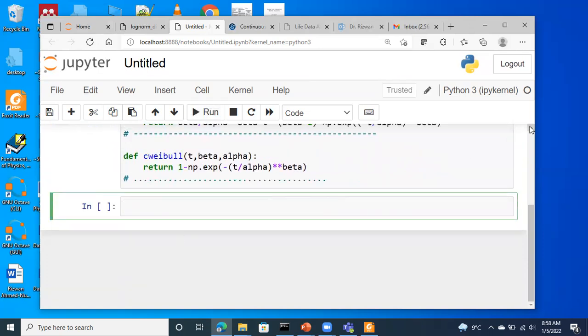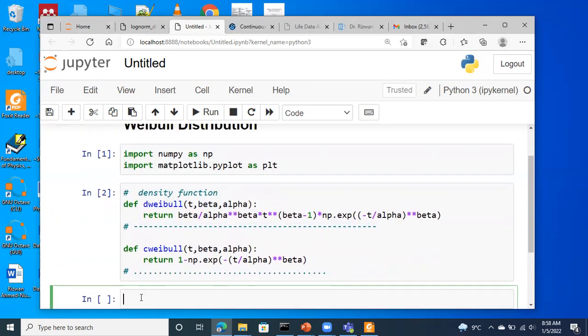So these functions have been identified by the program. Now let's define a vector t. So t vector, I define with numpy linear space, say from 0 to 10 in, say, 50 steps, right?